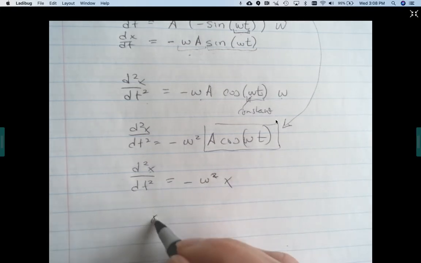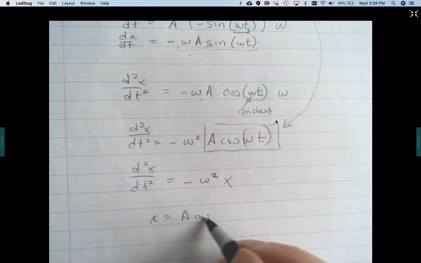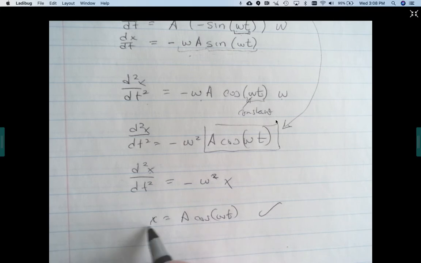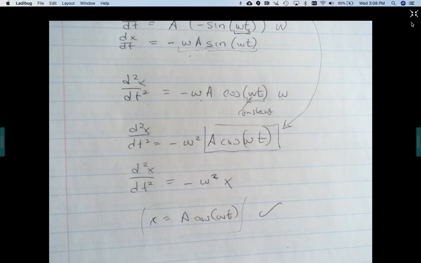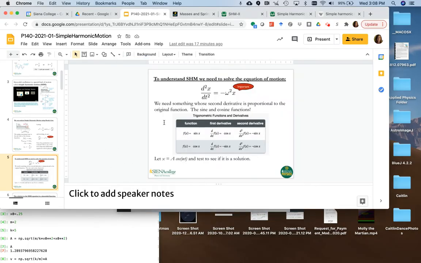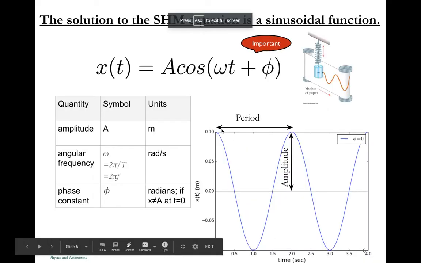Okay, so x equals A cosine omega t. That works. Okay, and that's our crash course in differential equations. Okay, don't tell any math people about that. Obviously, there's a lot more involved than just guessing, but that's how I think about it.